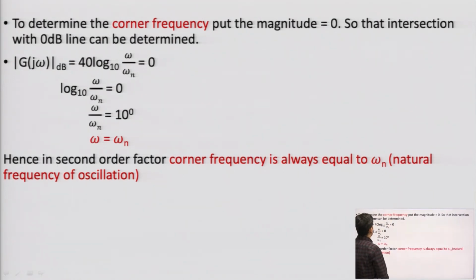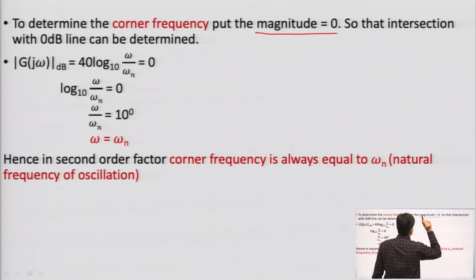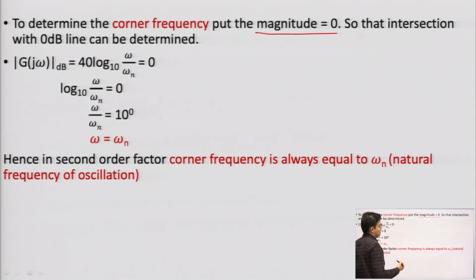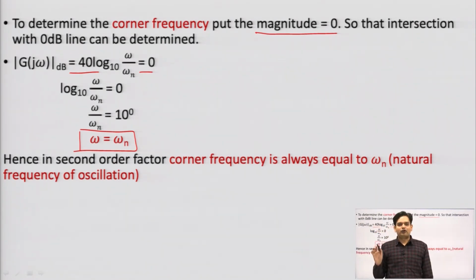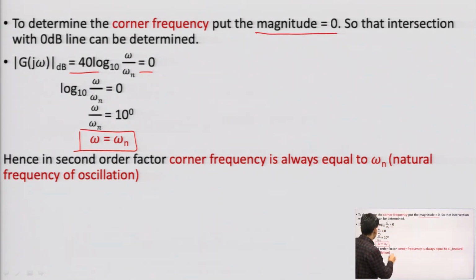To determine the corner frequency, what do we need to do? We need to put our magnitude equal to 0. This will separate the high frequency and low frequency regions, as I told you. So here my mod is given by this, I put it equal to 0, and we will get omega equal to omega n. It means for a quadratic factor the corner frequency is given by omega n.